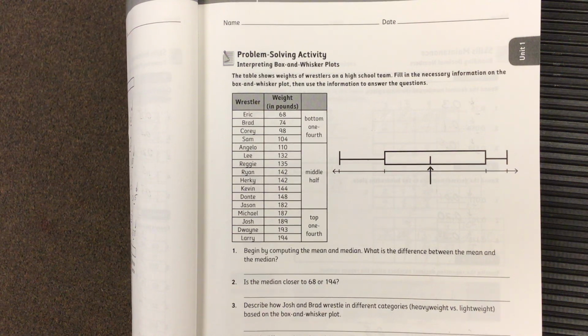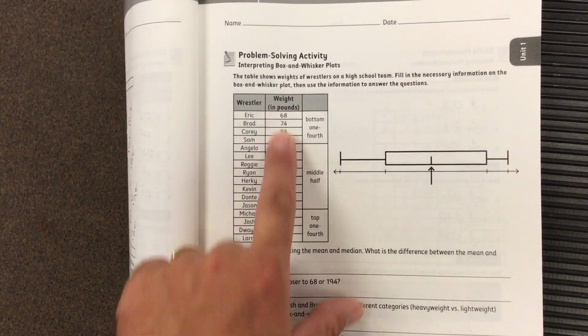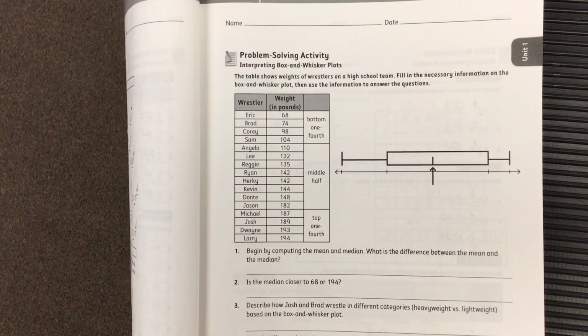So how do we get the mean? How do we get the average? Hey, not a trick question. We should know how to get average. You add them up and divide by how many numbers you have. So you have a calculator. Add those numbers up of all those wrestlers and see what you get. Still page 23.